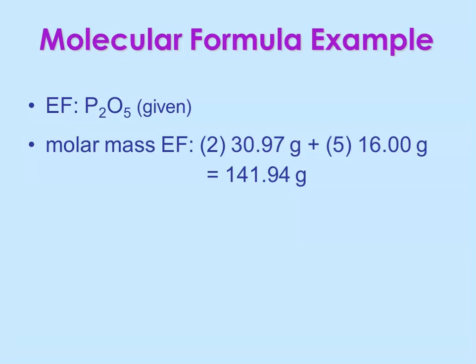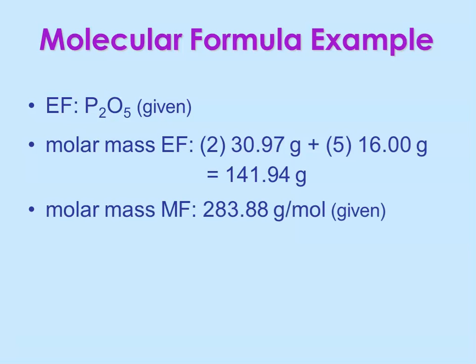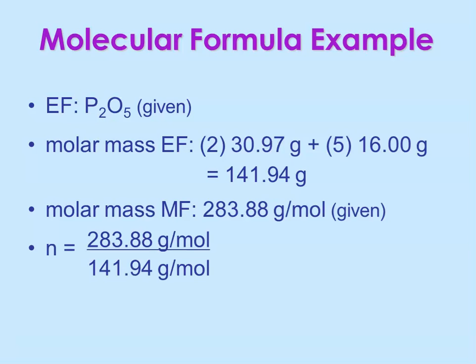The problem told us what the molar mass of the molecular formula was, approximately 284 grams. So now that I have that piece and I know the molar mass of my empirical formula, I can calculate N by dividing the molar mass of the empirical formula into the molar mass of the molecular formula. And you get that this is super close to 2.